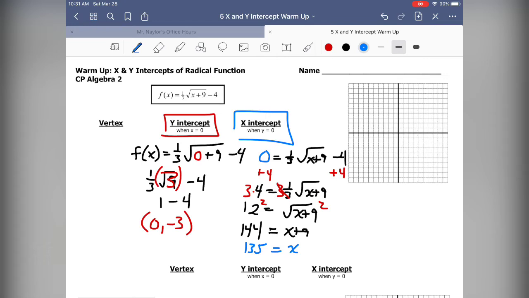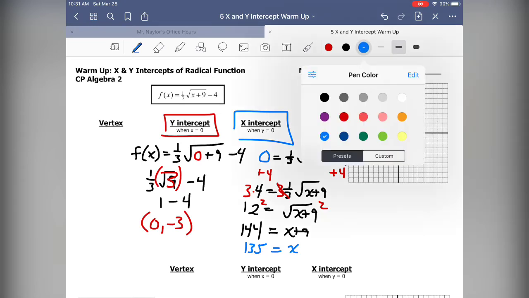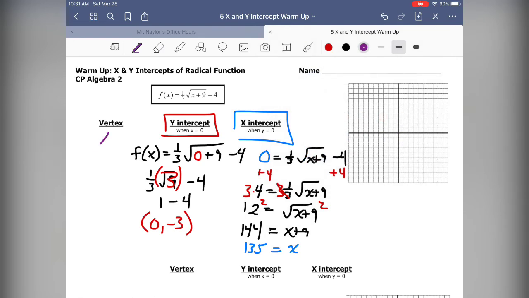Now, we have these 2 points, but it still doesn't change from yesterday that the vertex is still the most important point.